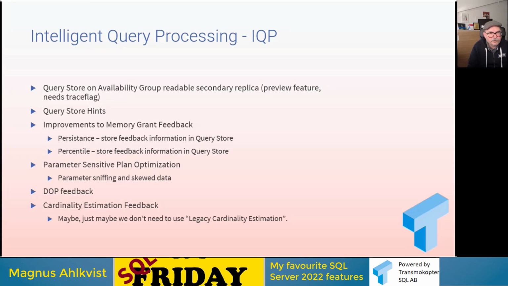It's not gonna just fix all your problems on the first day, because most of these features require that something has happened over time. It requires more data in Query Store to be able to use that information to create this second execution plan.